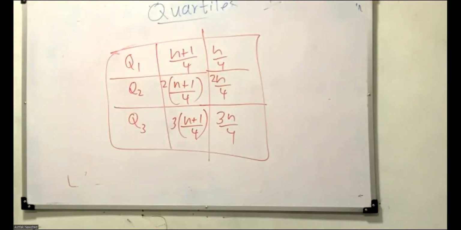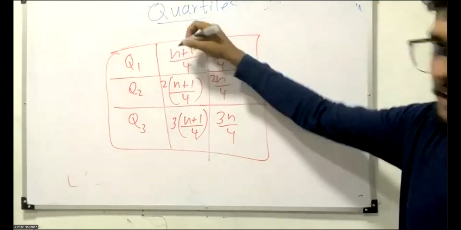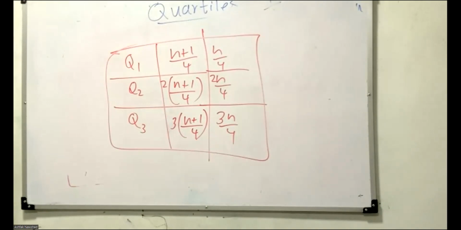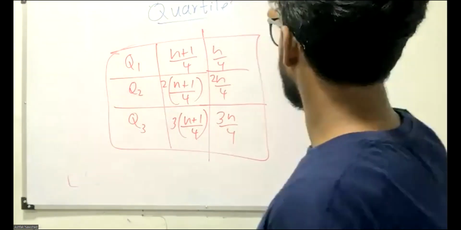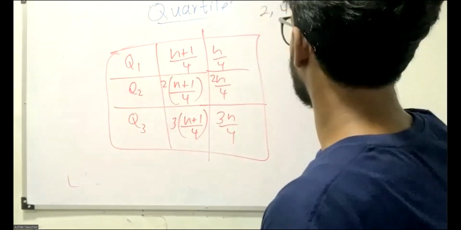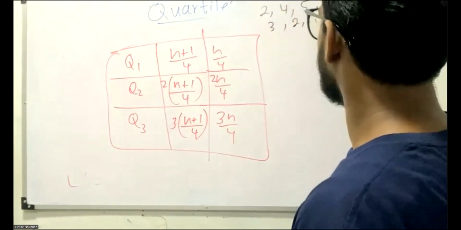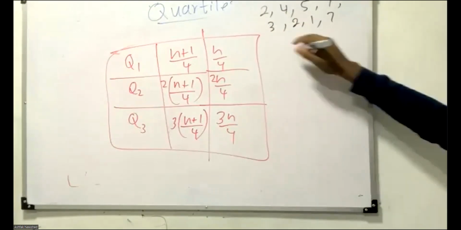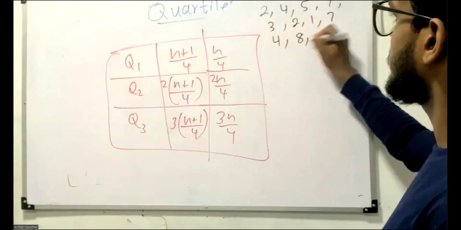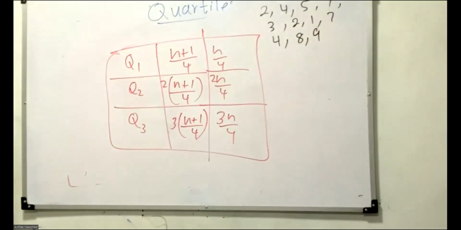In that table, n means the number of data. For example, I'll give you some data: 2, 4, 5, 7, 3, 2, 1, 7, 4, 8, 9. Let me know how many data.